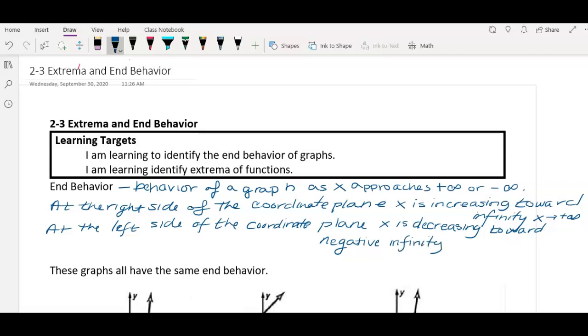And so it goes x, we have the arrow going, and then we have negative infinity. And that's how we'll write as it approaches negative infinity.